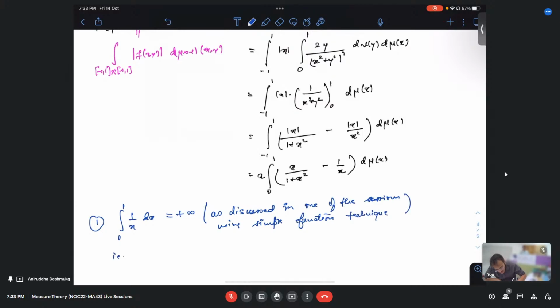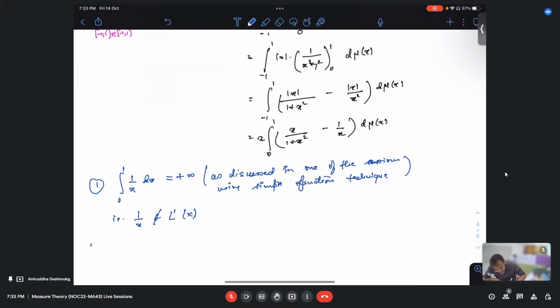That is to say, 1 over x is not in L1. But the second thing to observe is the integral of x over (1 plus x square) dμx on 0 to 1. If I just multiply by 2 here, then it is a derivative.